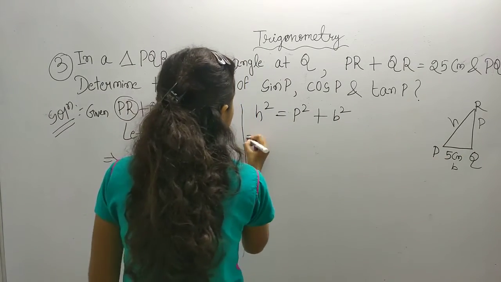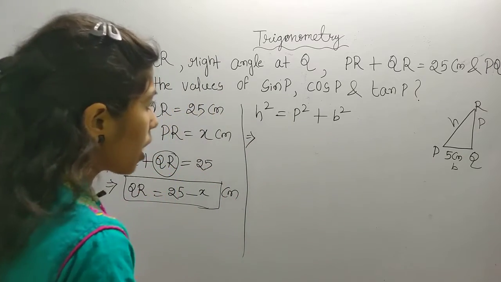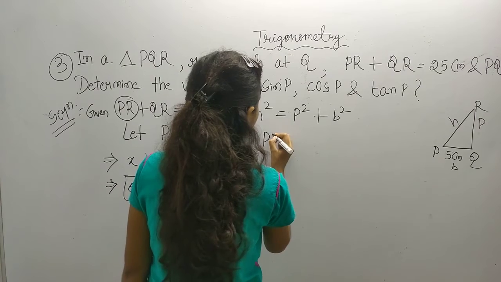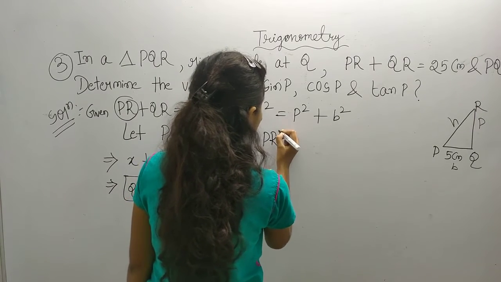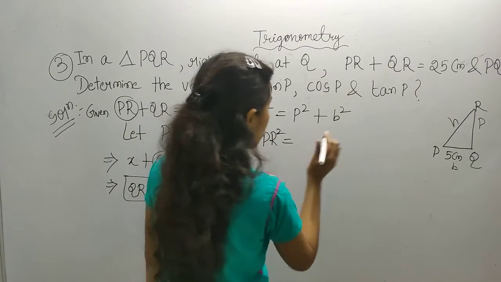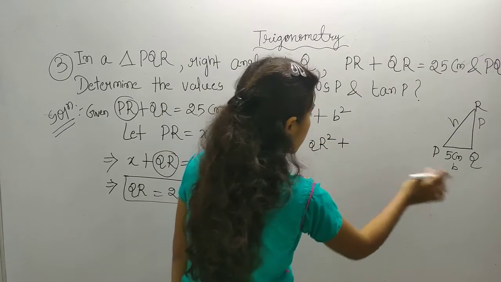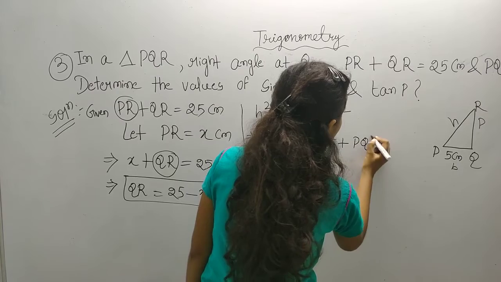So what is our hypotenuse now? PR. So PR square equals perpendicular QR square plus base PQ square.